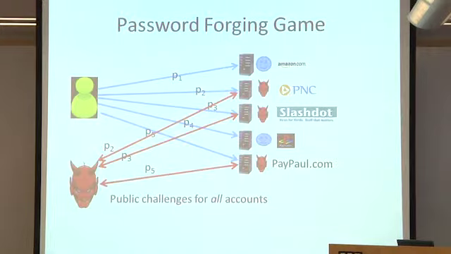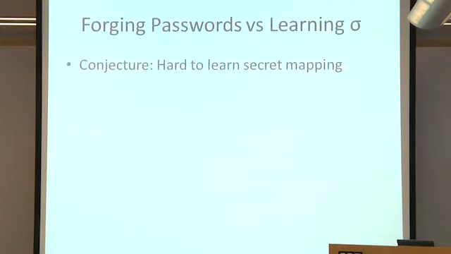I should stress that in this game, what the adversary gets is randomly generated challenge response pairs. We're not considering a security model where the adversary gets to pick adaptively which challenge response pairs he gets to see. So we're assuming that all of the challenges have been randomly generated, and the adversary only gets to see the responses to randomly generated challenges.